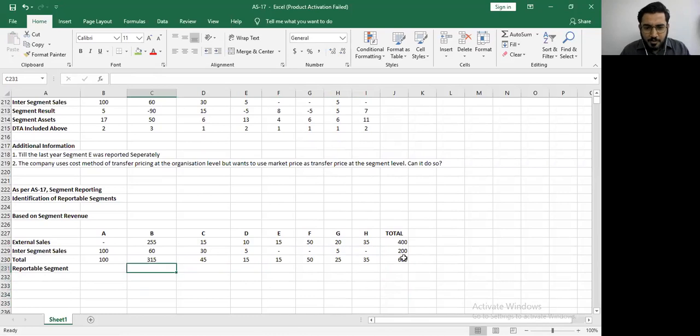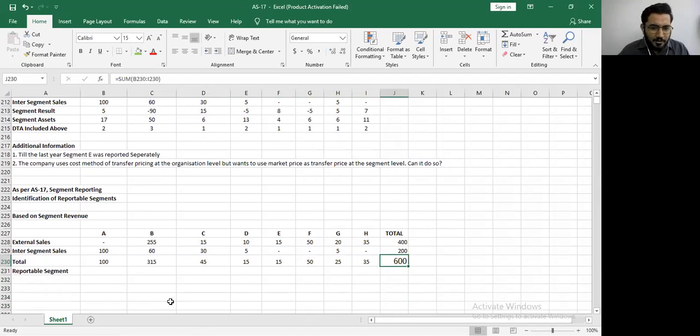Your total revenue is how much? 600. We have to take 10% of it, so 10% of 600 comes to 60. Okay, now it's your turn. Tell me, is separate disclosure required for segment A?